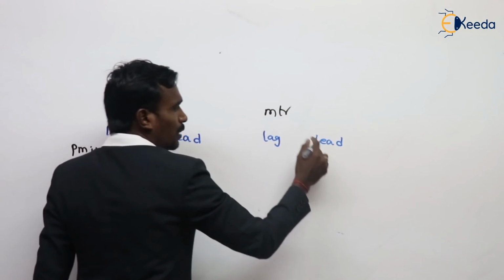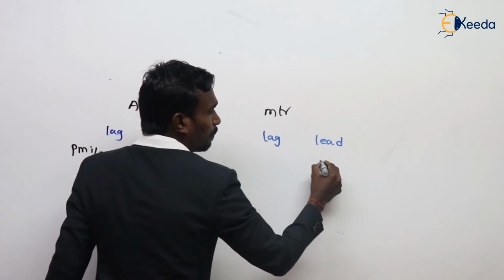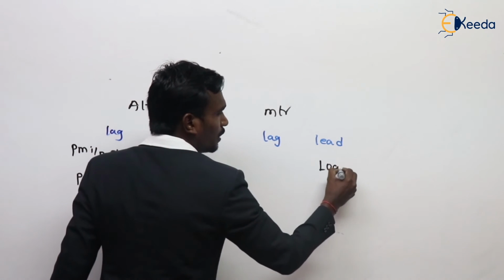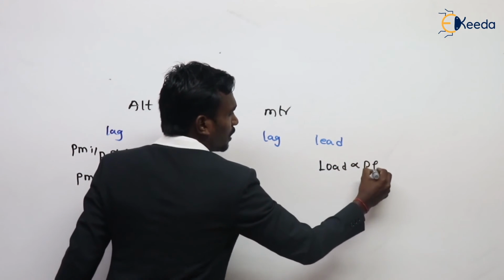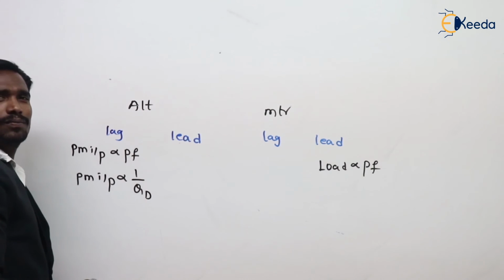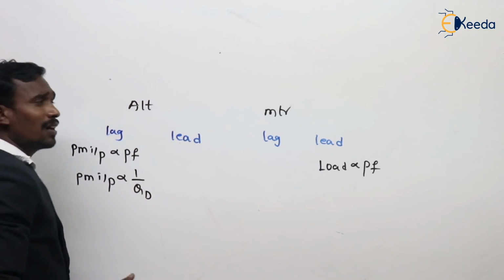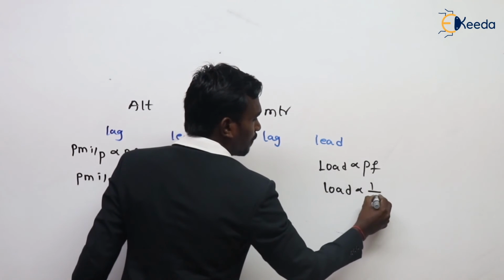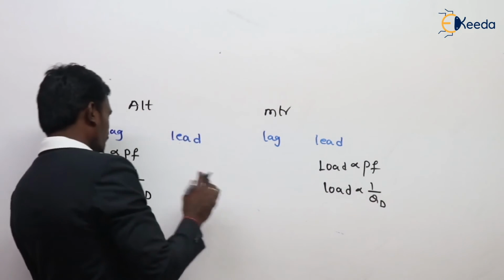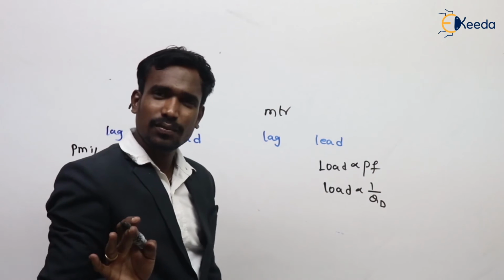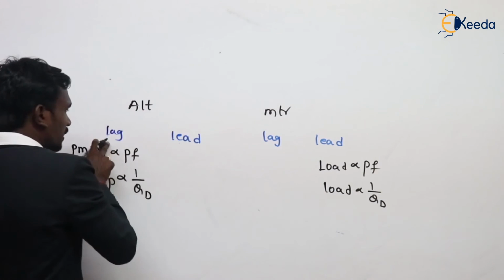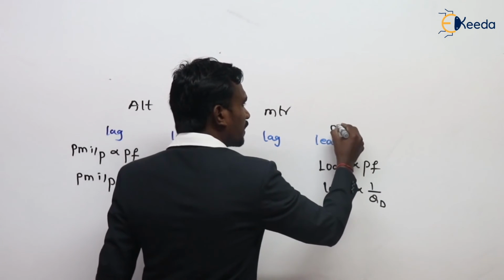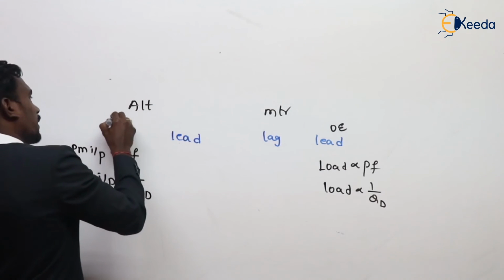But in this motor, the supply input or load is directly proportional to power factor. Yes or no? And here the load or supply input is inversely proportional to Q delivered. Everything is the same here. This is overexcited. This is also overexcited.